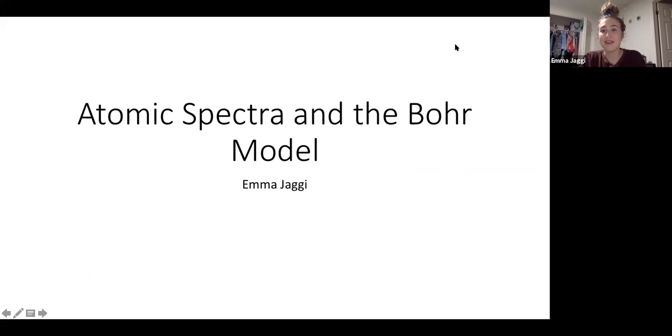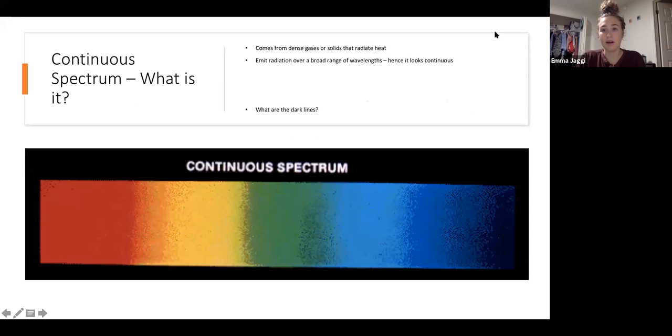Okay, like I said, I will be talking about the atomic spectra and the Bohr model. So, what is a continuous spectrum? Well, a continuous spectrum comes from, it's visible to us, and it is energy that comes from dense gases or solids that radiate heat.